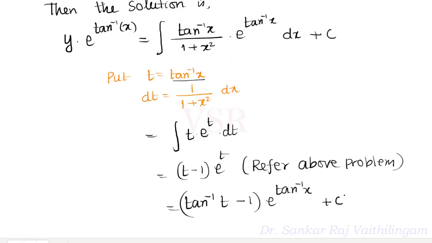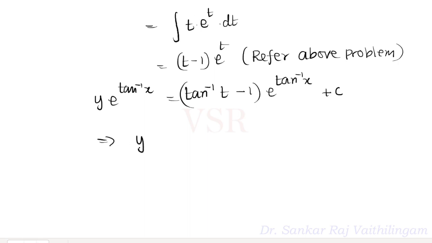So what can I write? This implies y into e to the power tan inverse of x, so y of x is equal to tan inverse of x minus 1, plus the constant times e to the power minus tan inverse of x when it goes to the other side.